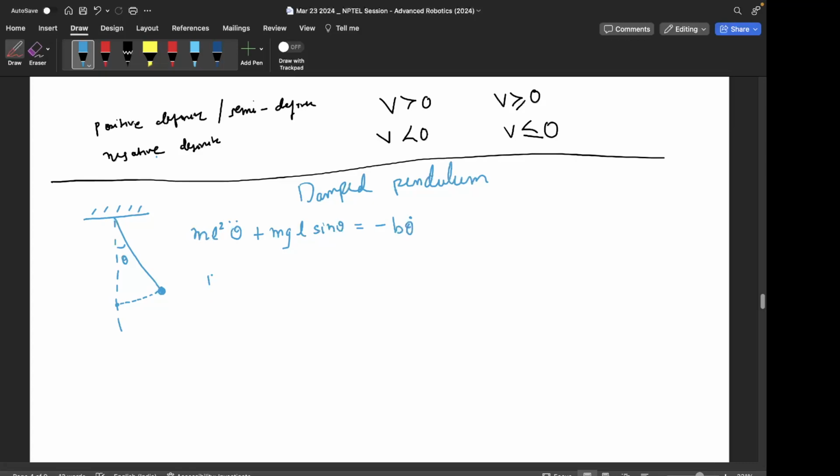Now let's propose a function. This case is commonly used because the function that we will use is exactly the energy of the system.